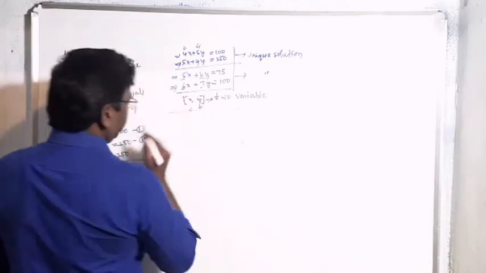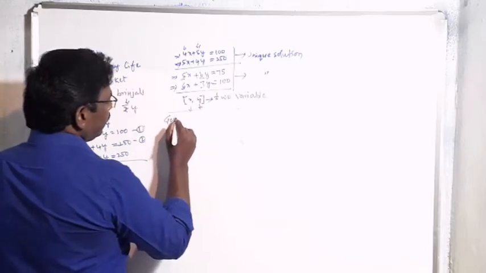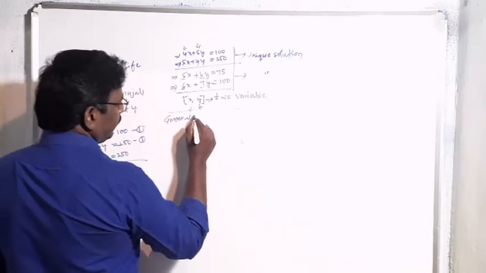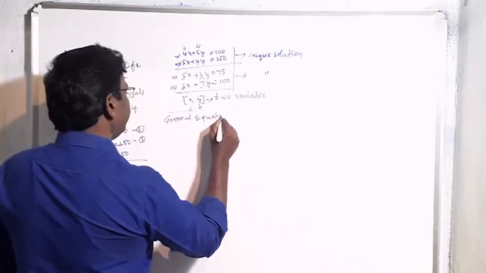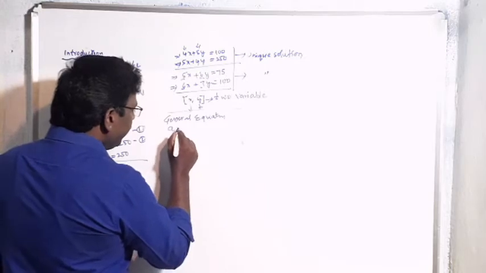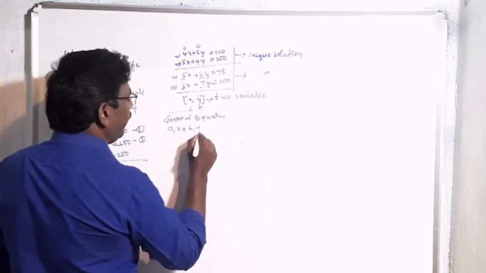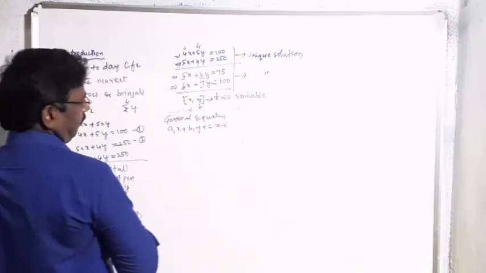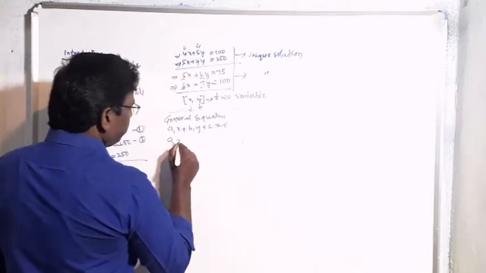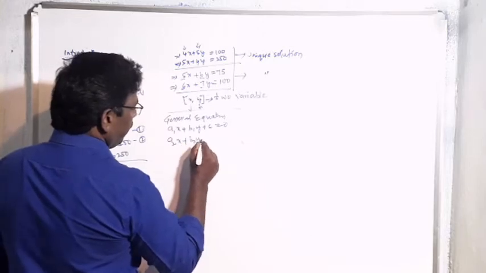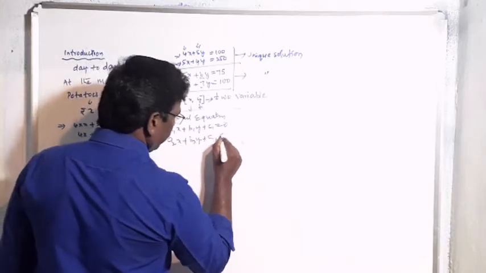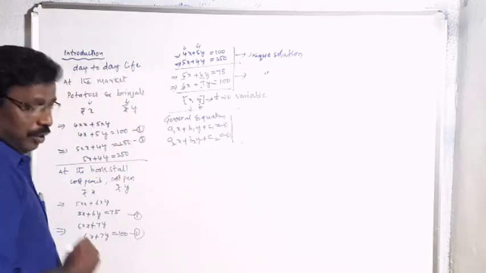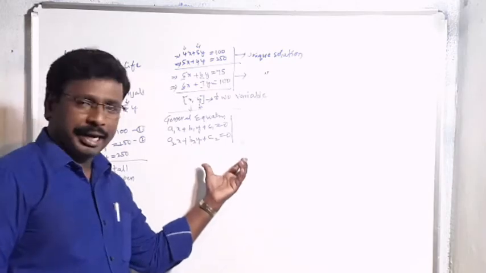In general, a1x plus b1y plus c1 is equal to 0. a2x plus b2y plus c2 is equal to 0. These are general equations. Now I am telling the chapter name.